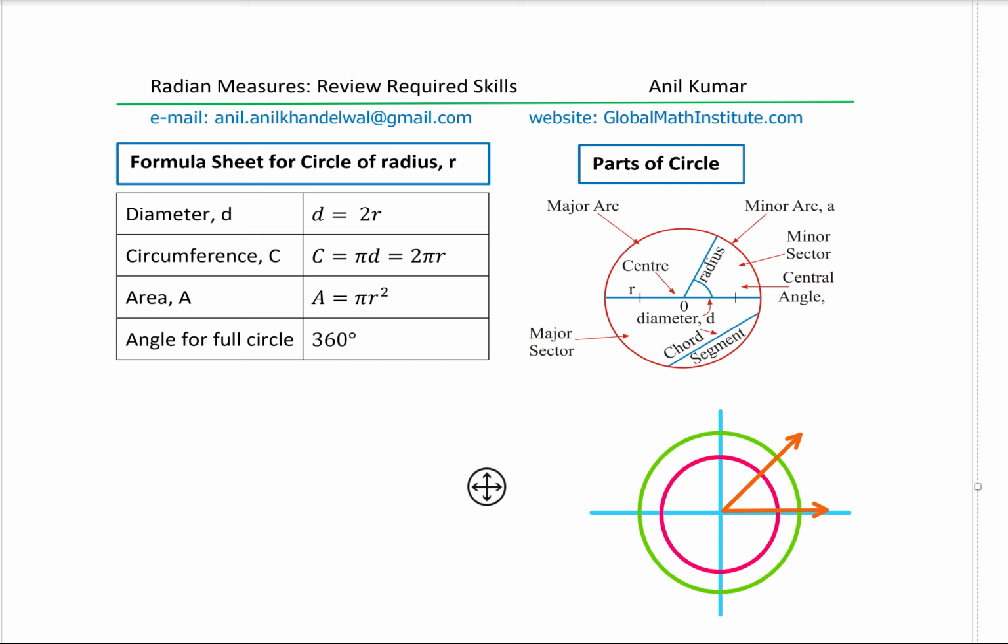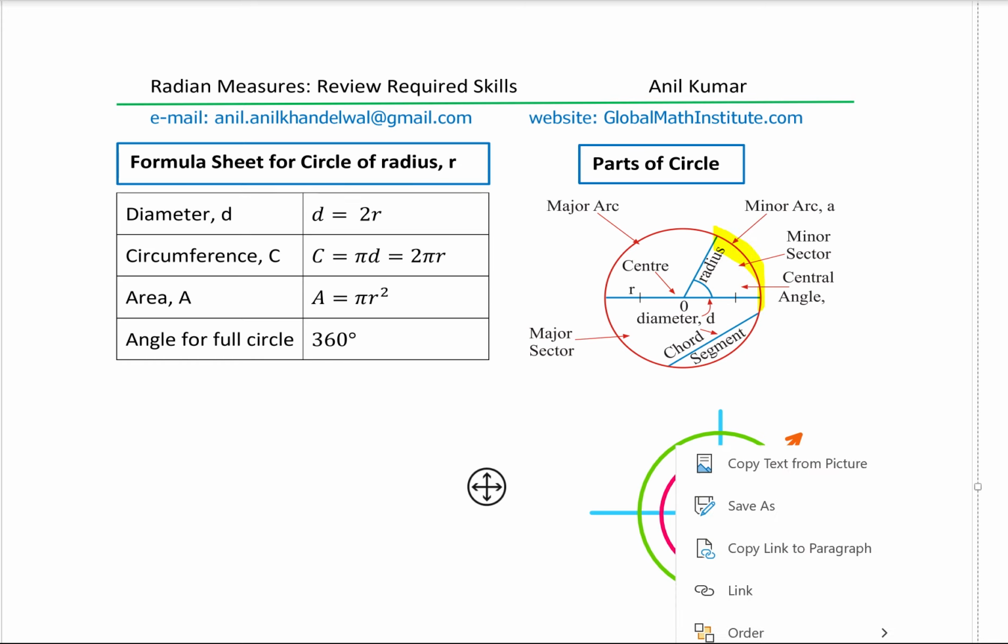Different parts of the circle include the radius, twice the radius is the diameter, a chord, a segment, which is the area in between the arc and the chord, and most important here, which we'll discuss more while talking about radian measurements, is the angle which is formed within an area defined by the arc.